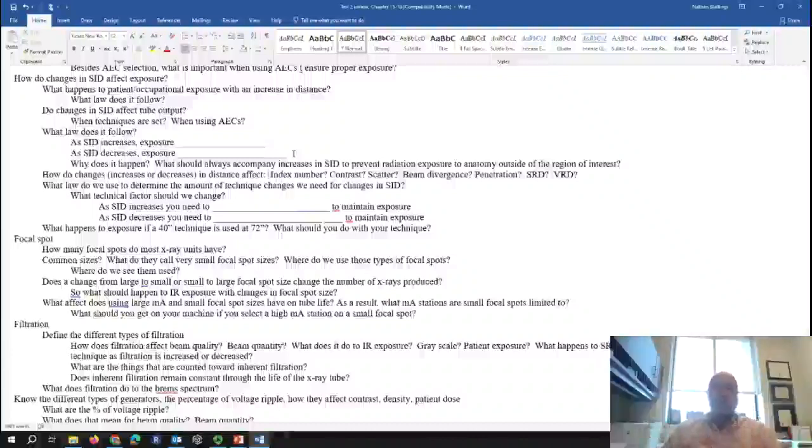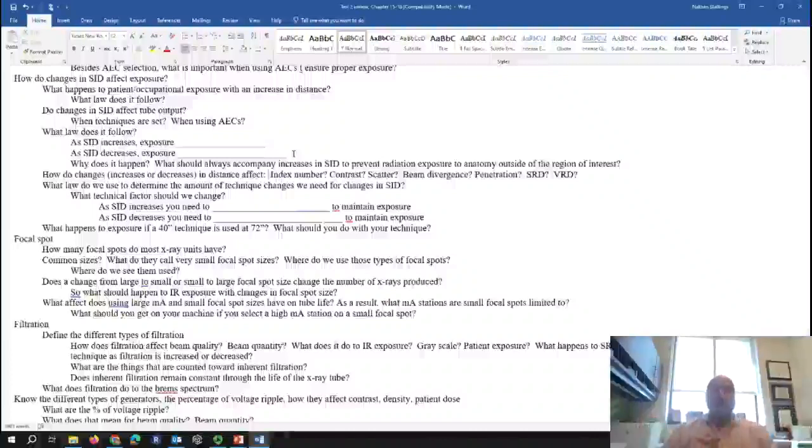We didn't change our technique in response to the change in distance. If we decrease our SID, then our index number is going to go up. It's not going to have any effect on contrast, or any effect on scatter radiation, providing you use that collimation. Beam divergence: if we increase our SID, we're going to have a less divergent X-ray beam.